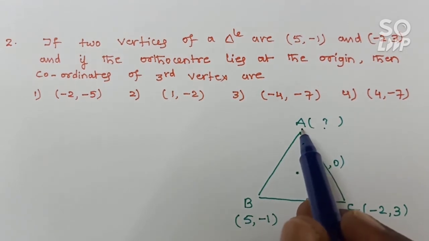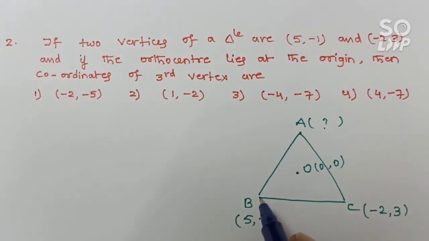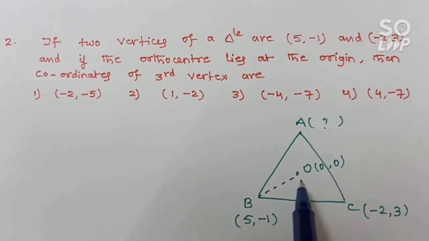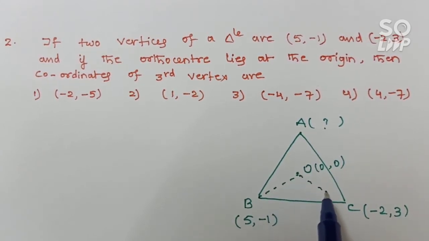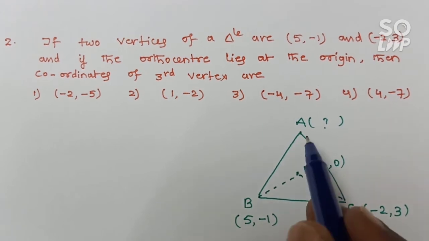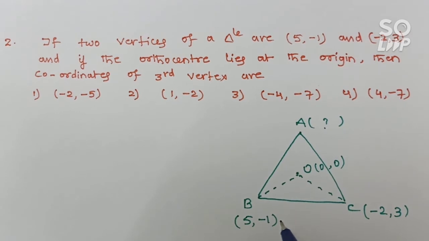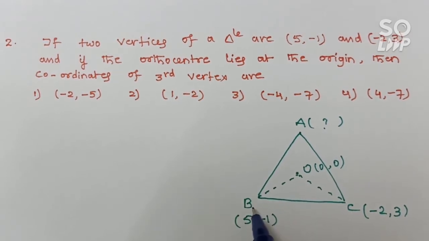The third vertex will be the ortho center of the triangle formed by B, O and C. That means A is the ortho center of the triangle BOC. Now how can we find the ortho center of this triangle?